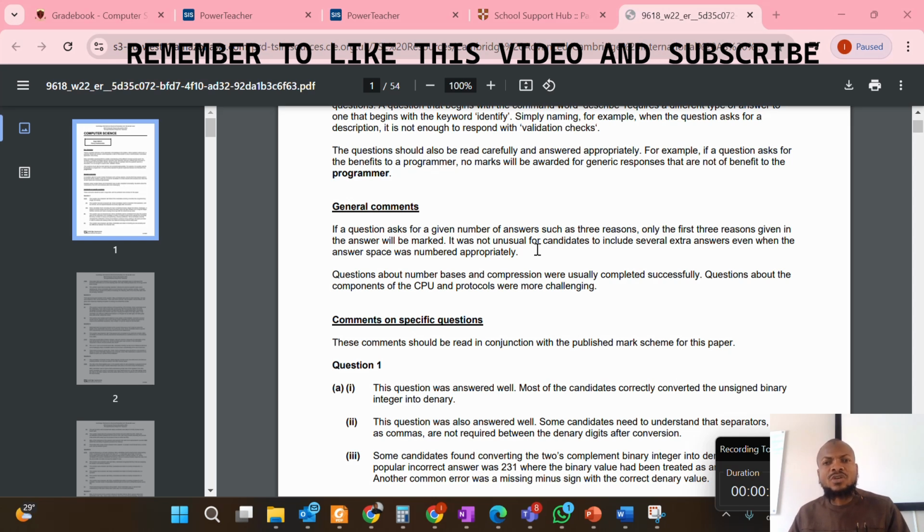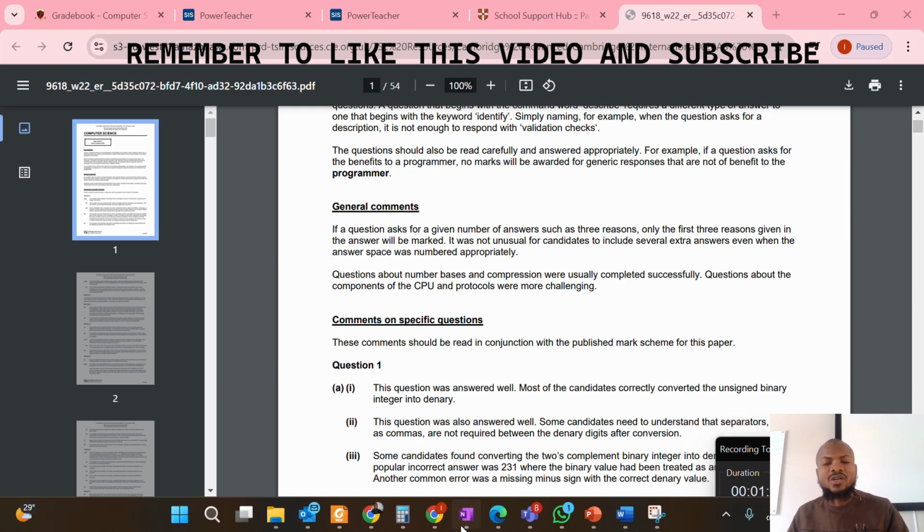It is not unusual for candidates to include several extra answers, even when the answer space was numbered appropriately. Questions about number bases and comprehension were usually completed successfully. Questions about the components of the CPU and protocols were more challenging. So what does this imply? If you are asked to give 3 reasons for an answer, only the first 3 reasons will be marked. Others will not be marked.